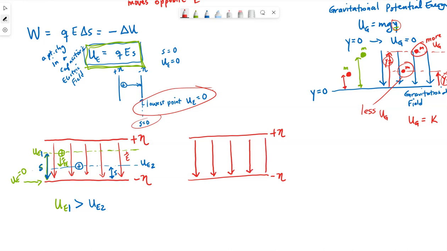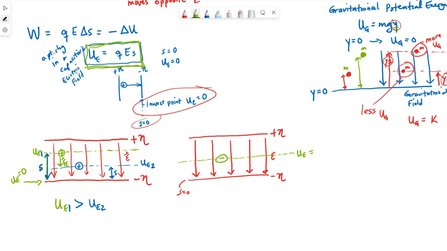So, capacitor, electric field. We can still say S equals 0 down here. But let's say I put a negative charge in here. If I place that negative charge anywhere along this dotted line, it's going to have the same amount of potential energy.